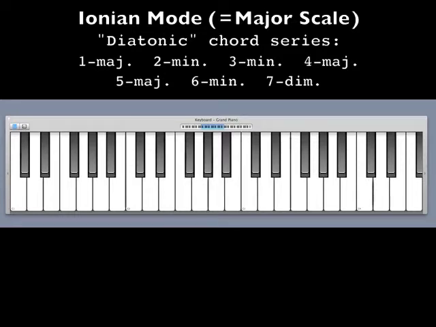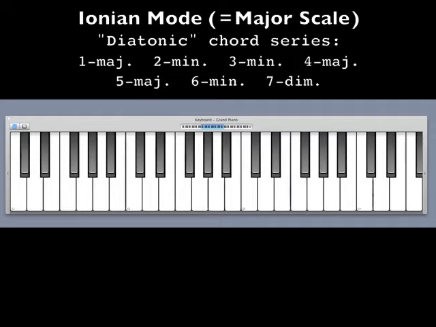The next chord, G major, is a major chord. Next chord, A minor, minor chord. Now the next chord is the one wild card chord, the odd man out. It's a diminished chord. Those are 2 minor thirds, so that's what defines a diminished chord.